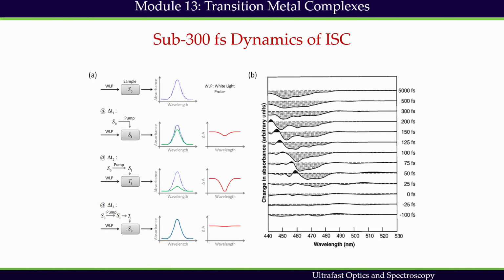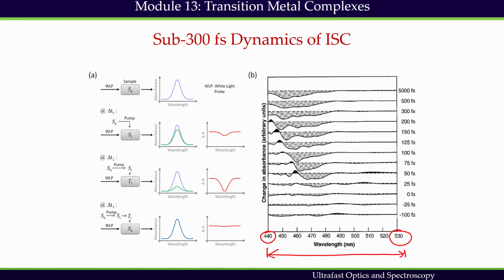For the experiment, a broadband white light pulse is used to probe the transient absorption. That is the way transient absorption spectroscopy is performed. We use a white light source, and the white light has a bandwidth of 440 to 530 nanometer spectral regime, and that is why we can monitor the absorption in the entire regime.